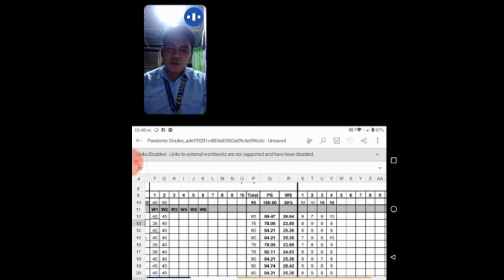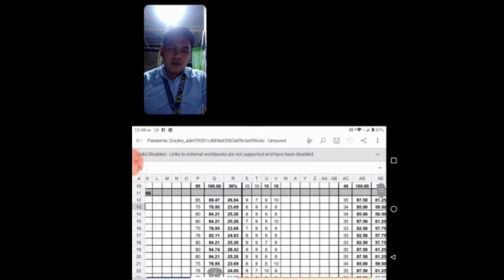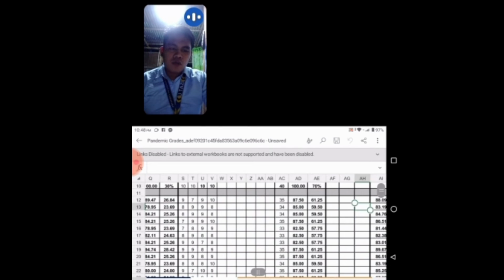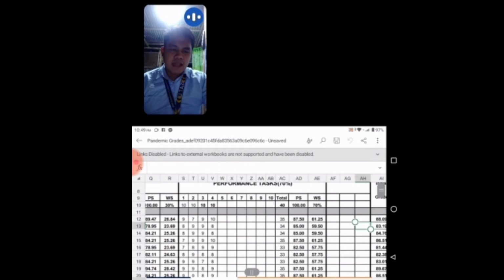Then we proceed to the performance task. Performance task again has 70%, and the highest possible scores are 10, 10, 10, and 10, so 40 is the highest total score. Student A, or student 1, got 9 in the first performance task out of 10, 7 in the second, 9 in the third, and 10 in the fourth.